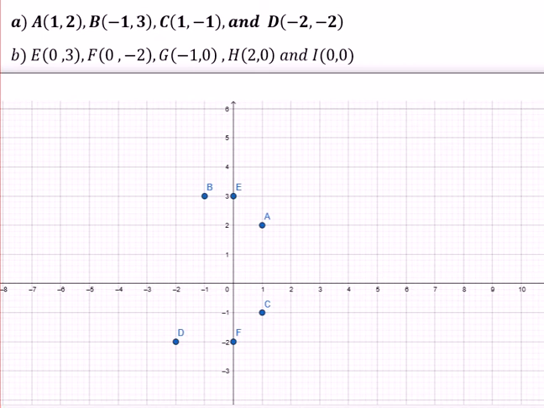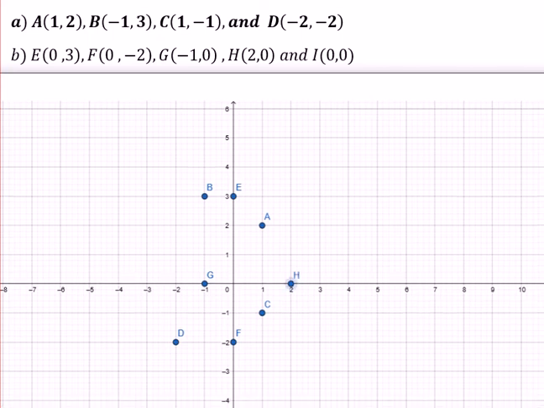So we go 1 to the left, but we cannot go upward because the y coordinate is 0, which means that G is here. As you see, it belongs to the x-axis. Then we have also the point H, which is 2, 0, so we go 2 to the right, and we don't have any vertical coordinate, which means that this point will stay on the x-axis.